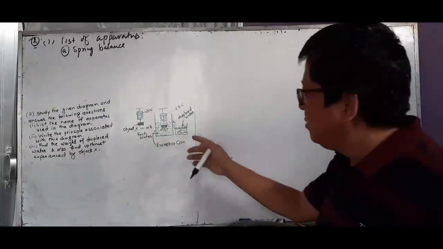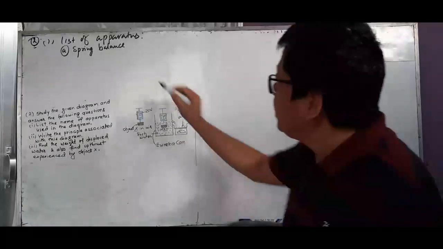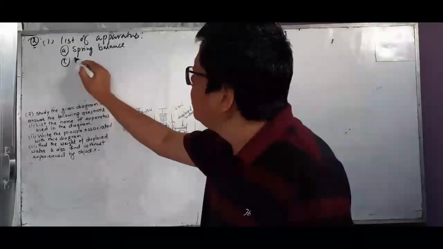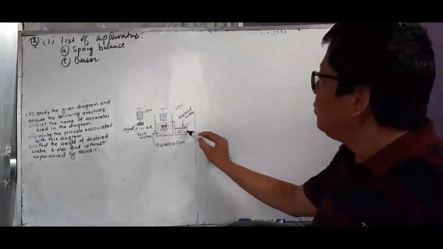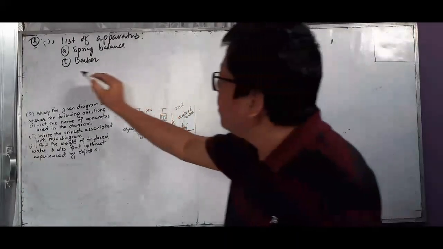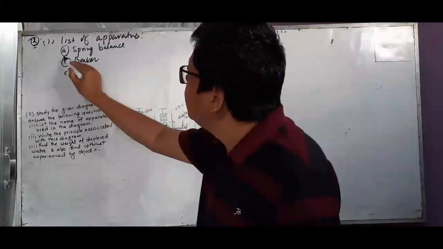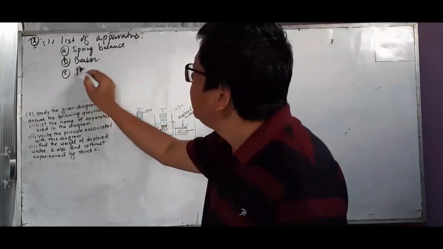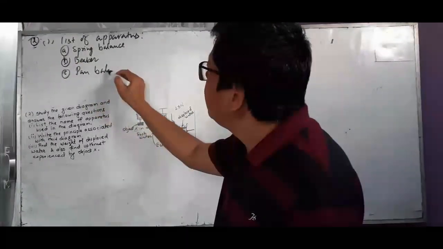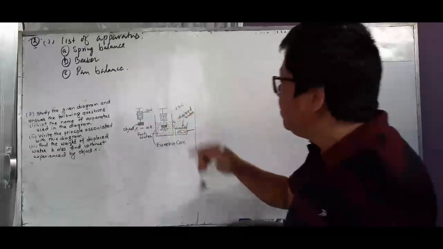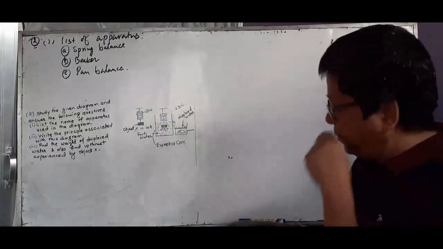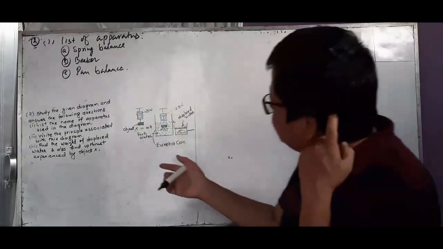You need to write it. And this one is the beaker. And this one is the pan balance, used to measure the weight of the displaced water. So look at it now.